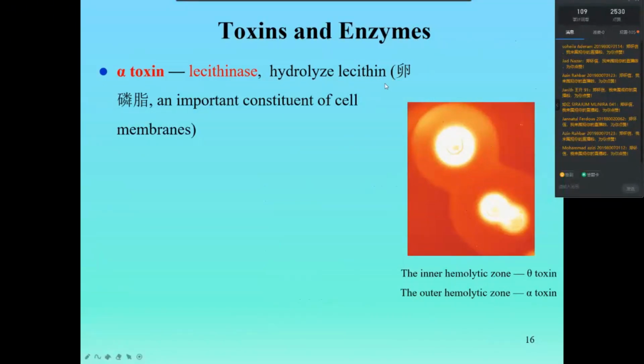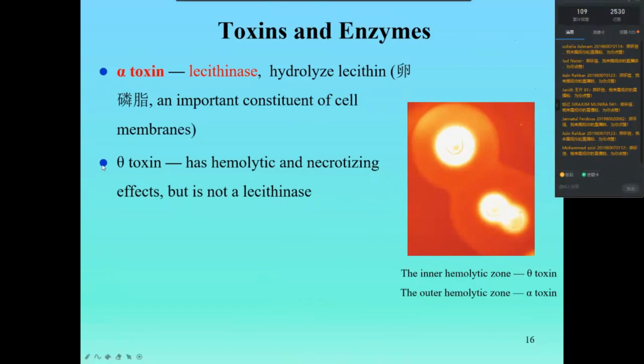So that's a component of the cell membrane and can cause lysis like this. While the inner zone is from the cytotoxin. That has a hemolytic and necrotizing effect, but it's not the same enzyme as this lecithinase. It can cause complete lysis of red blood cells.